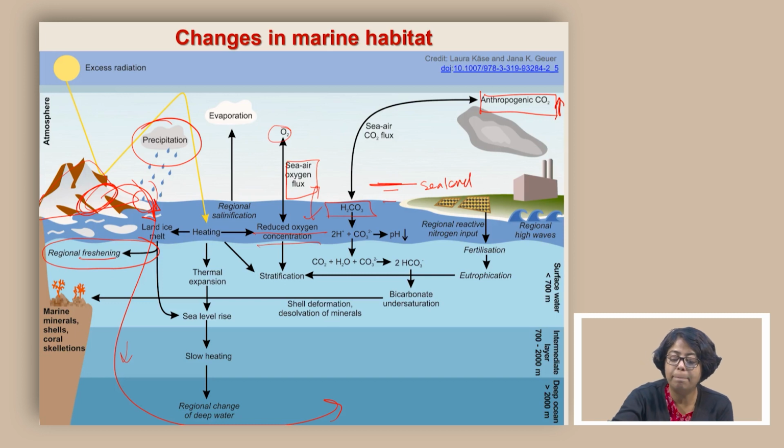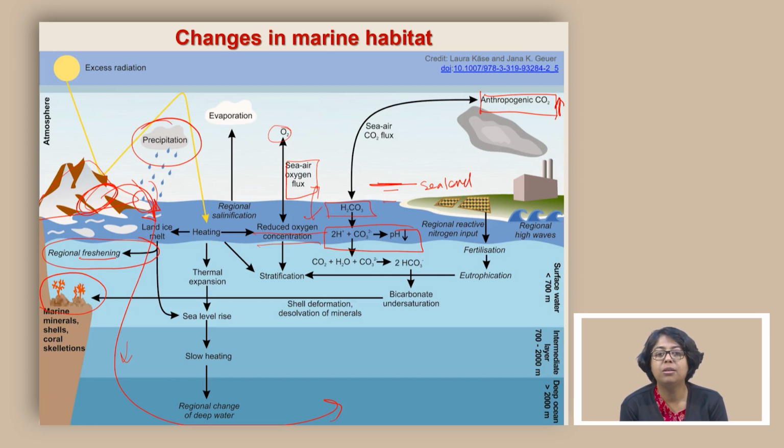As a result, the pH is going to drop. If the pH drops, the water becomes acidic, and this acidic water is not good for the shells that grow in the marine region, such as clams, snails, corals. All of them require a proper balance of pH so that their calcium carbonate shells are intact.